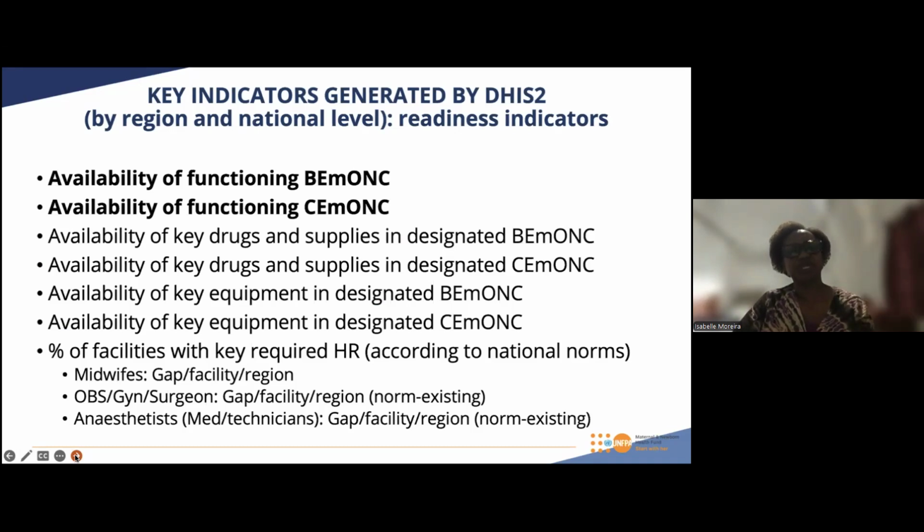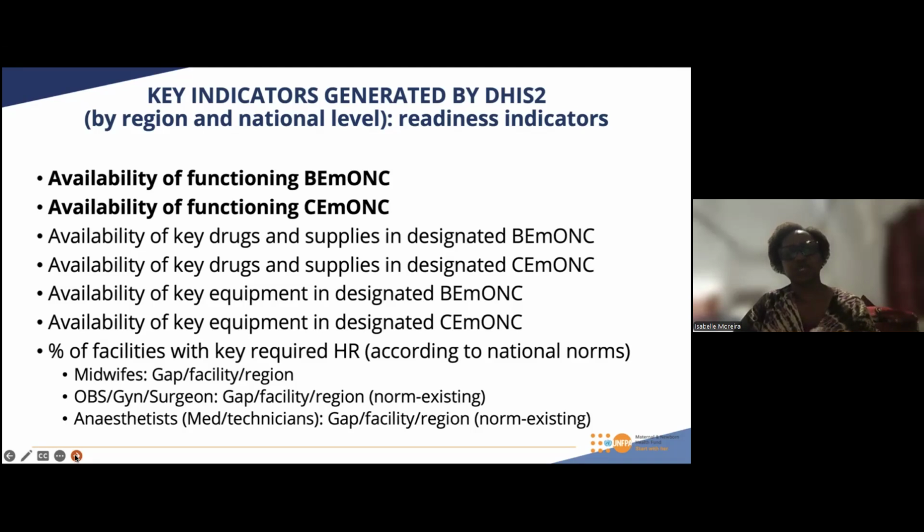So you have availability of functioning BEmONC, availability of functioning CEmONC, and also availability of all other readiness items in BEmONC and in CEmONC equipment. Also the percentage of facilities that have the required human resources.